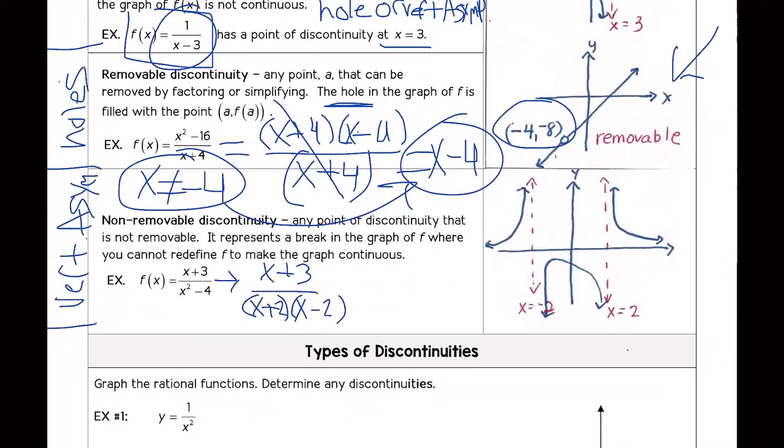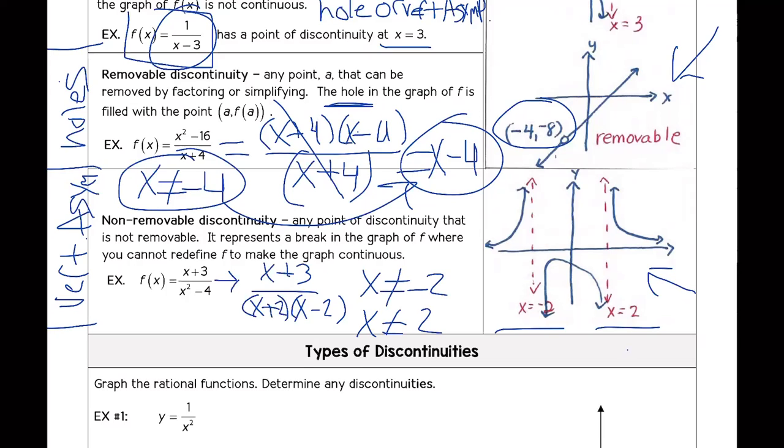And since you can't remove those, like you can't cancel them out with a binomial on the top, your function wouldn't be able to equal -2 because that would make the first binomial equal 0, and your function can't equal +2 as well. Since you can't remove those, they create vertical asymptotes. So if you can't remove it, you're going to have a vertical asymptote at those points.